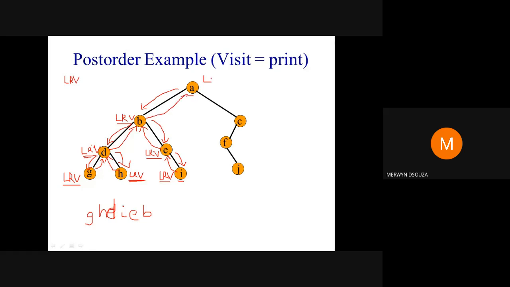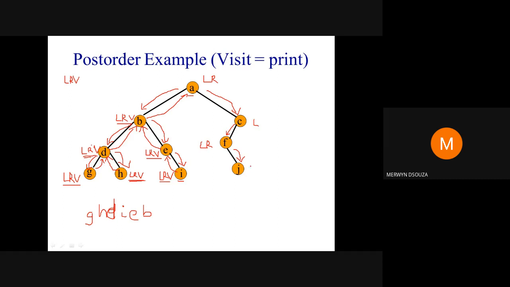Any step remaining? Yes, right subtree is remaining. Can you go right? Yes, go right. Okay, new node. So start from the first step. Try to go to the left. Can you go left? Yes. New node. So left subtree. Can you go left? No. So try the right. Can you go right? Yes, I can go to the right.